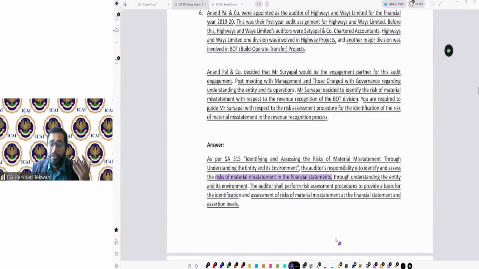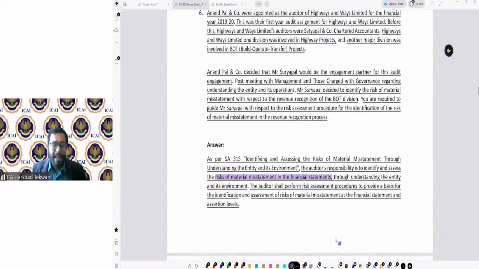No. Risk where? Which risk? Which type of risk are we talking about? Risk can be material, non-material, financial, non-financial, business risk. A lot of things are there. Always keep your things clear. Risk of material misstatement in the financial statement.